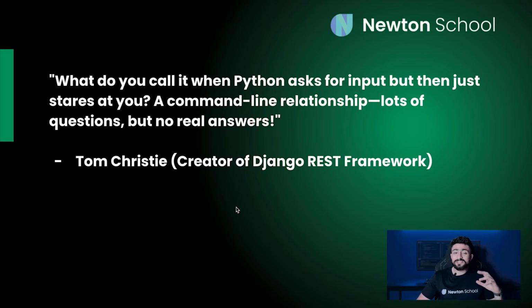So it's something like it just stares at you. So how does it feel? It's like the command line where it is waiting for your input. It is like a relationship where lots of questions are getting asked, but no real answers. You are not answering them. So basically Python is waiting for your answer, right?